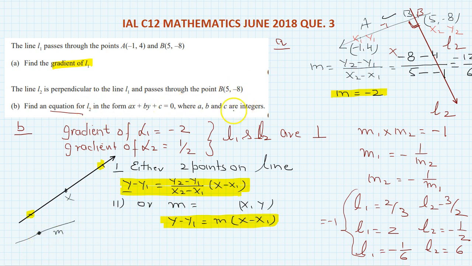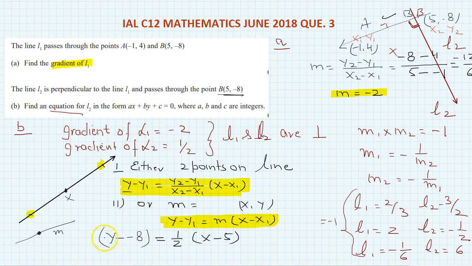So now in this case only 1 point is given and the gradient we have calculated is 1 over 2. So y minus y1, which is minus -8, is equal to m, which is half, times x minus x1, which is 5. We have to write in this form.